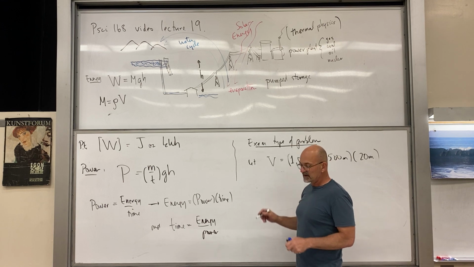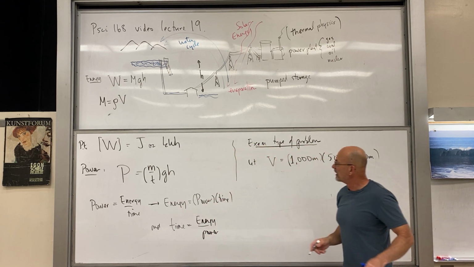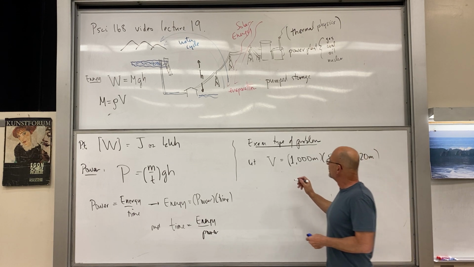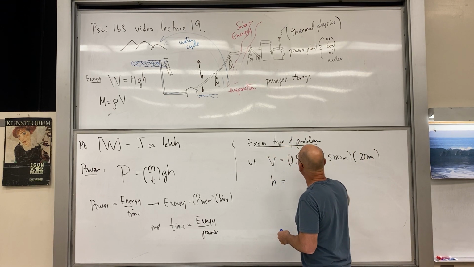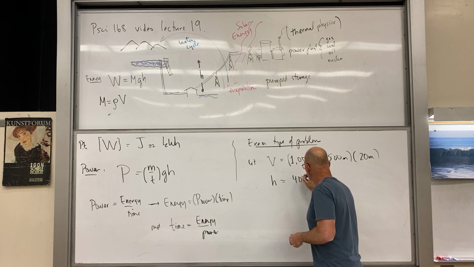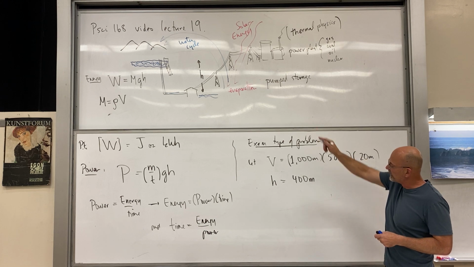And you have to know the density of water. It's in your notes, 1,000 kilograms per meter cubed. And we're going to let H be equal to 400 meters for our scenario there.